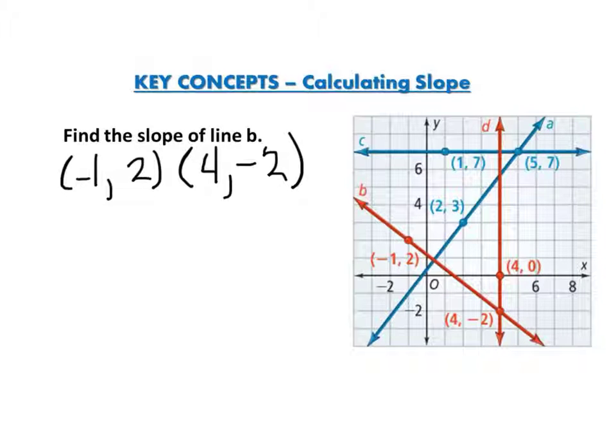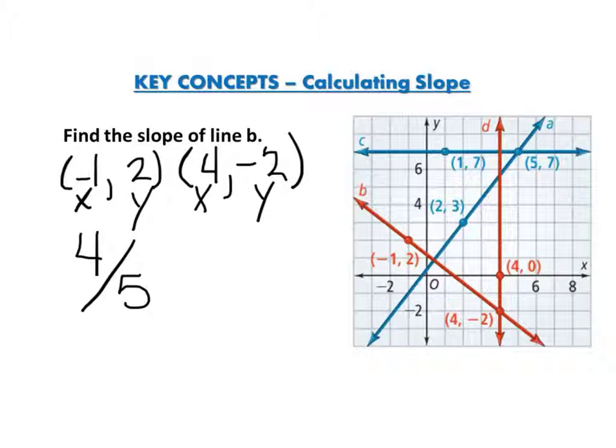I'm going to look at the difference in the y values, which is 2 and -2, and by going from 2 to -2, I'm going 4 spaces. On the x values, I'm going from 4 to -1. That means I'm going 5 places. However, remember that the slope was negative. So the slope of line B is -4/5.